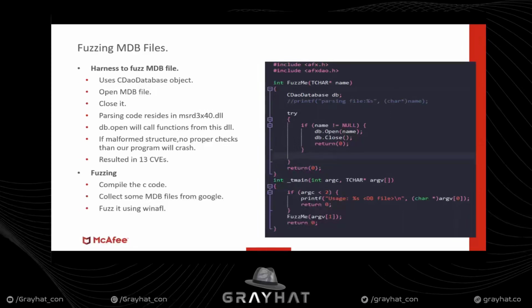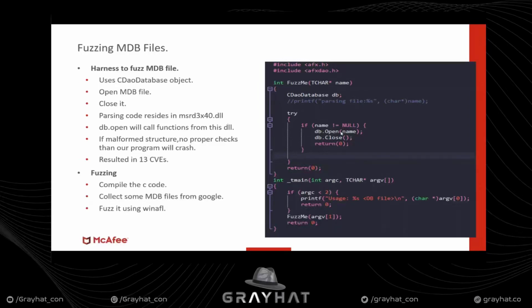When I first fuzzed this software around 2 years back, it actually resulted in 13 CVEs. As you can see, it was a very small program, maybe 15 or 20 lines of code at most, but it actually resulted in a lot of CVEs. What I found is that most of the crashes belong to the msrd3x40.dll file.